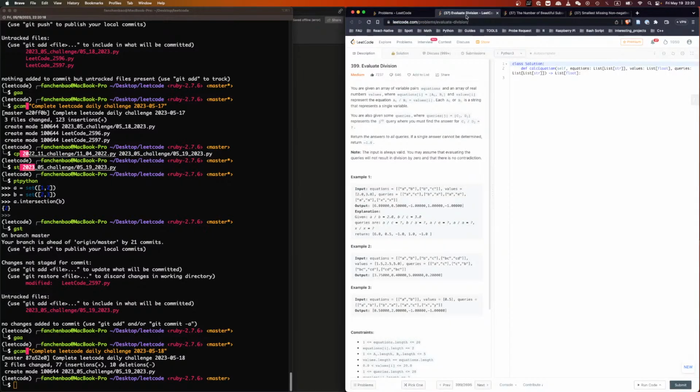Evaluate division. You're given an array of variable pairs, equations, and an array of real numbers, values, where the values[i] represent the equation A divided by B equals the value[i]. Each A and B is a string that represents a single variable.